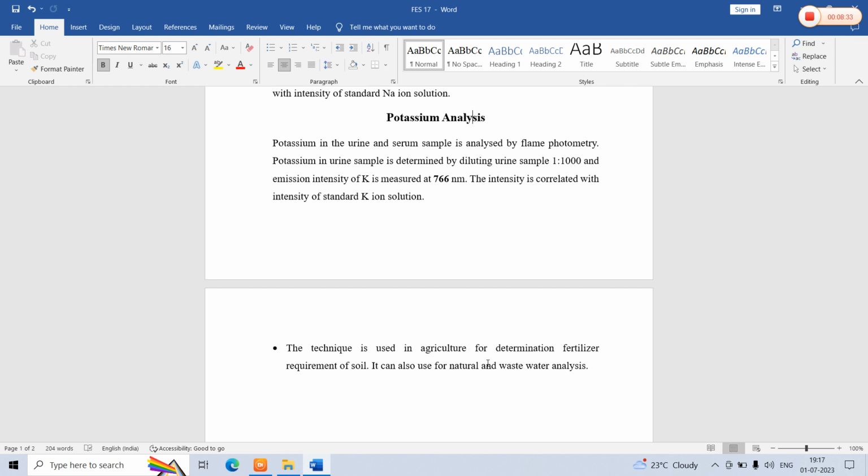Basically FES is used to analyze potassium and sodium in blood, serum or urine samples. In this way we determine the concentration of elements present in the sample by flame photometry, and also those needed in the soil.